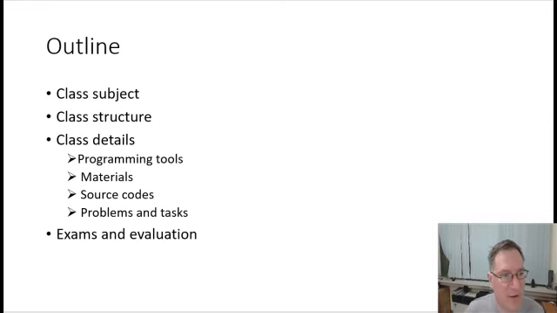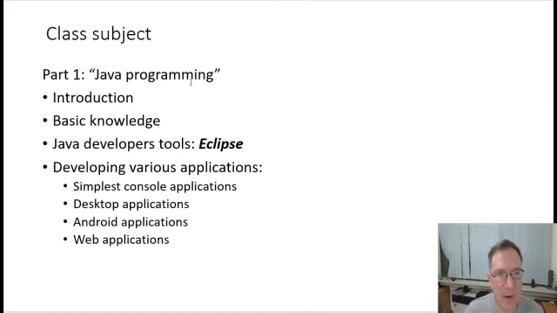Okay, let's go to the next slide. The class subject for the first few weeks, part 1, is Java programming. For Java programming, we will first go through a specific introduction where we will discuss what Java is, how Java was created, what its usage was in the beginning, and how it changed from the past until now.